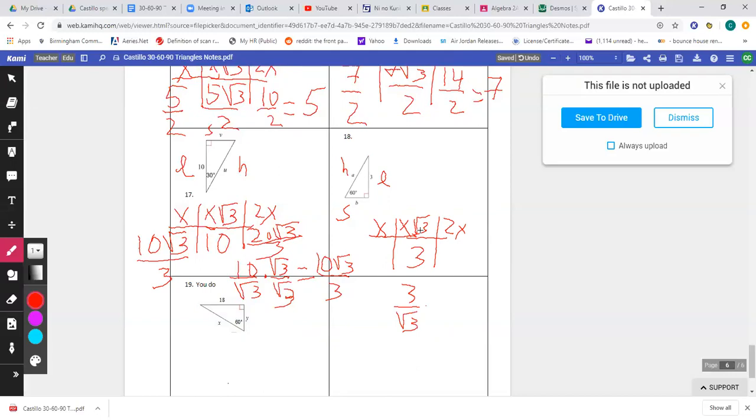And so I multiply the top and bottom by radical 3. And I get 3 √3 all over 3. Okay. And look what happens here, the 3's cancel. And so I get √3. And then if I double that, this will just be 2 √3.